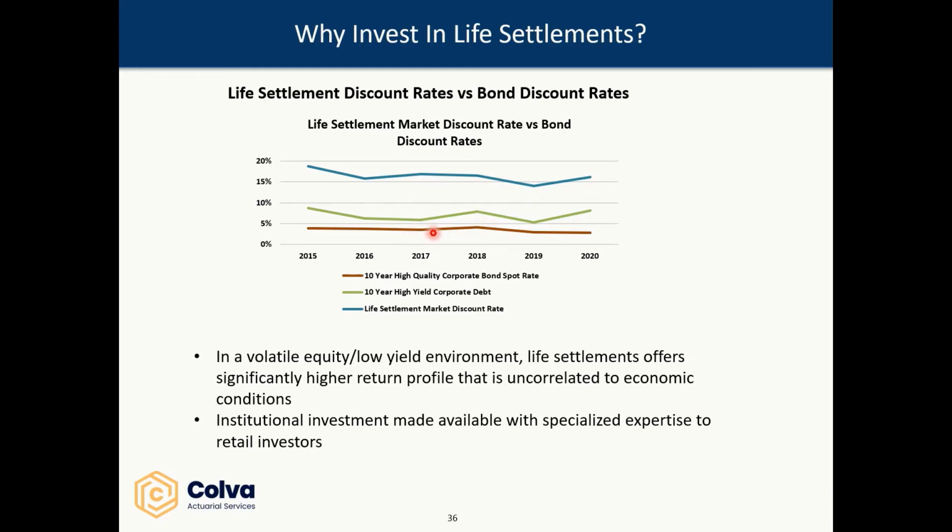Whereas the high quality here in red, it's again high quality corporate debt, so backed by companies that are doing well, have a great balance sheet. So there's less risk, and obviously less risk means less yield. Again, the high yield corporate debt has more risk. So we can see the spread here between the high yield and the high quality. But the opportunity here is that the discount rates applied to life settlement cash flows are significantly higher.